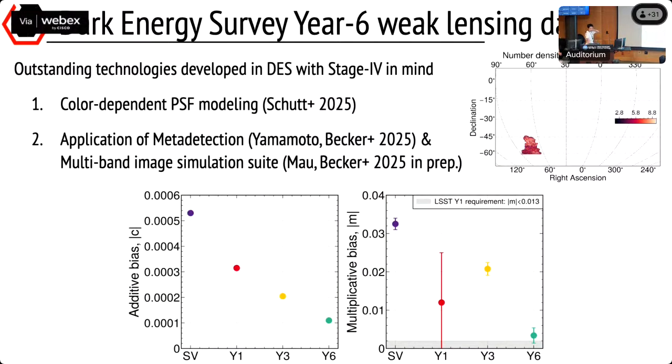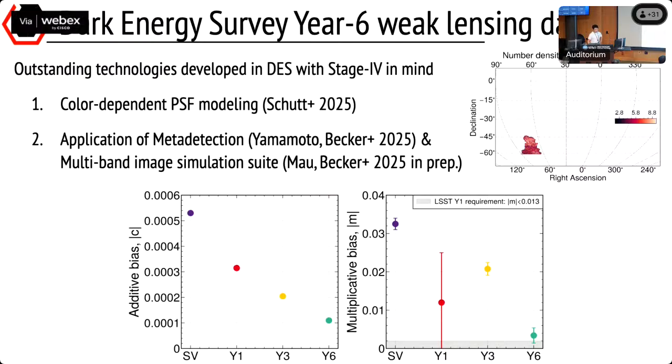So our image processing methods to obtain shear in Y6 have been upgraded in almost every part of the pipeline with the Stage 4 challenges that I just described in mind. So these include new PSF modeling, new ways to coadd images and calibrate raw galaxy shapes.